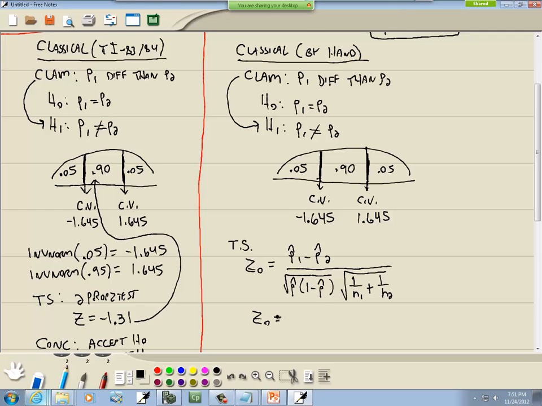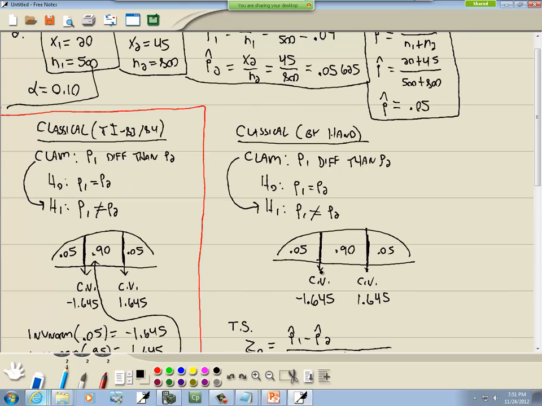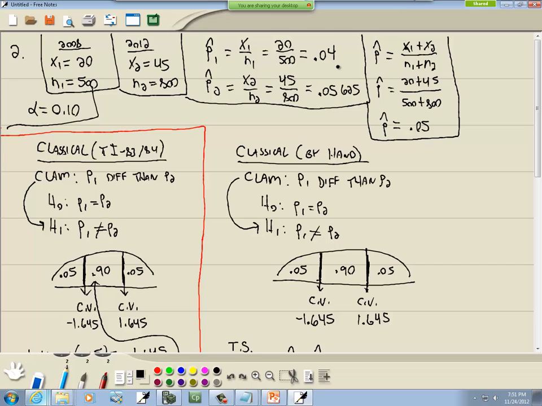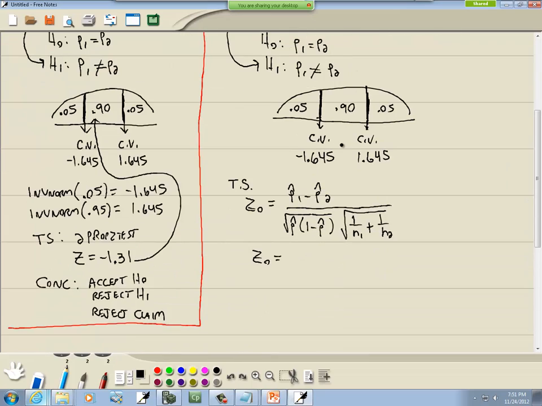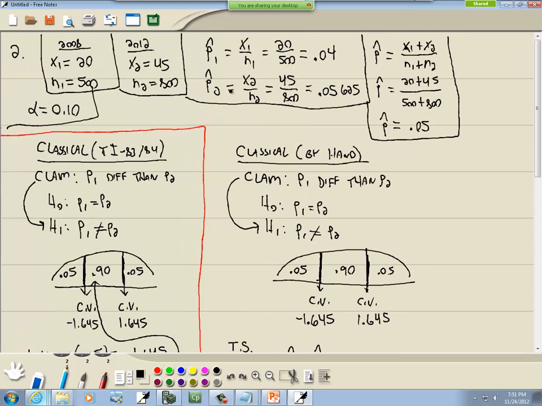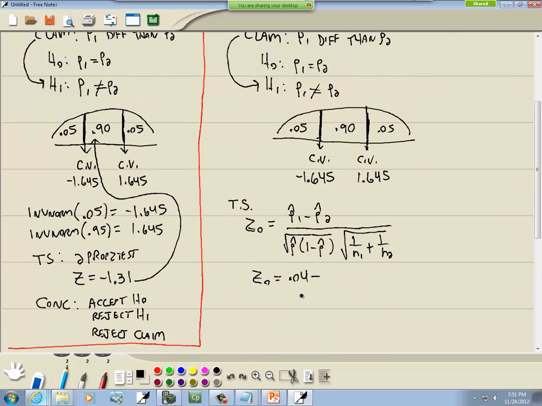Now I've calculated some of those up above just to make it a little cleaner down here. p hat sub 1, that was 0.04, minus p hat sub 2, that's 0.05625.